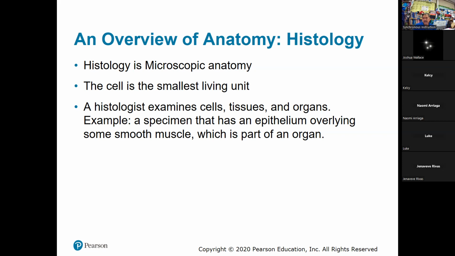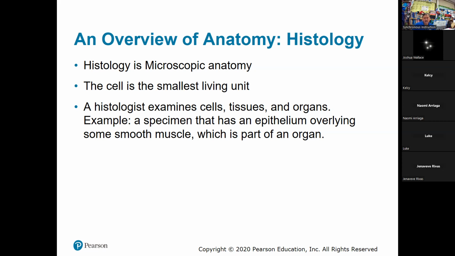To best understand a structure or an organ or a tissue, we often start with the cell and see if the cell has any unusual features that help the tissue or the organ do its job. So it says here on the third bullet, a histologist examines cells, tissues, and organs. Example, a specimen that has an epithelium overlying some smooth muscle, which is part of an organ.